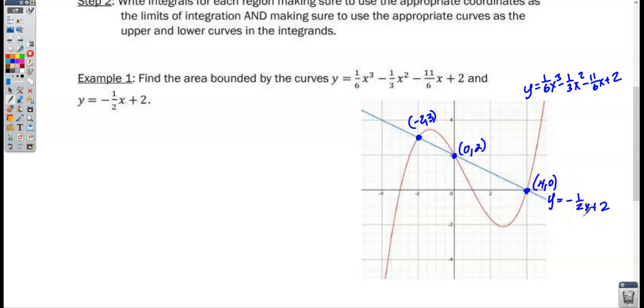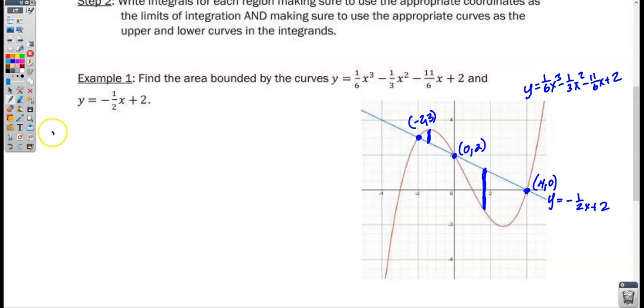Now, is it easiest to do this as functions in terms of x or in terms of y? Well, considerably easier in terms of x, since it would be very difficult to solve this and get x equals a function of y. So we're looking at vertical strips for each of these regions.